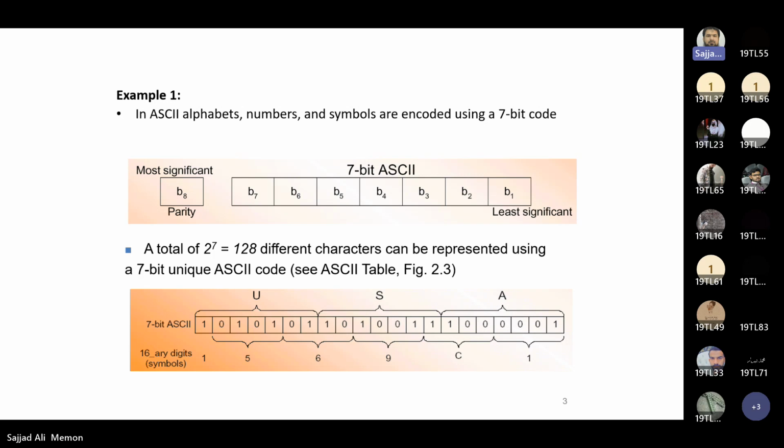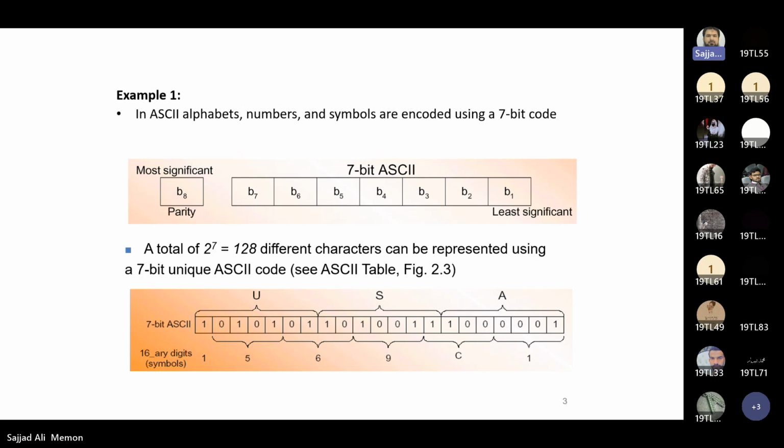So all these things are represented on the back end through ASCII code.